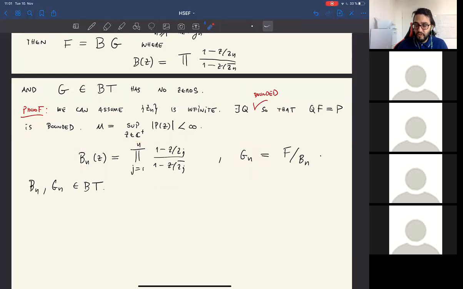It will have no zeros because it will have removed all the zeros of f. So the only thing we need to show is that yes, we have the convergence condition, and still, when we take the limit, the G_n's still belong to the bounded type class.